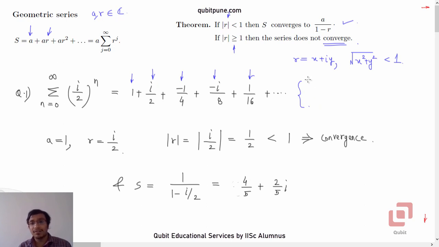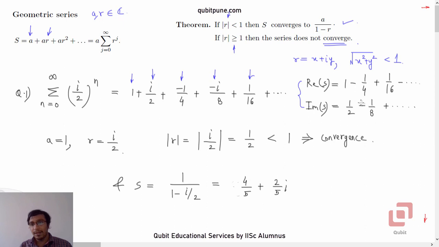The first one is the real part of the series, and this real part is 1 minus 1 upon 4 plus 1 upon 16 and so on. And then this also has an imaginary part. This imaginary part is 1 upon 2 minus 1 upon 8, plus 1 upon 32 and so on.